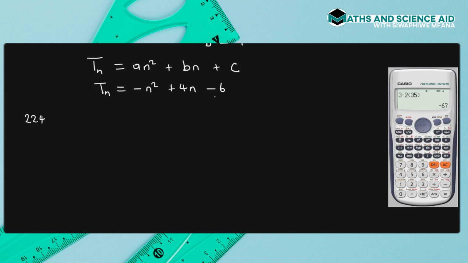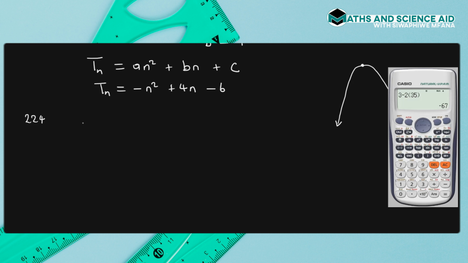And remember that for quadratic functions, if the first term is negative here, it means that you are going to get a parabola that is concave down like this one. In order for us to prove that we cannot have a positive term for this quadratic sequence, we simply need to work out the turning point.